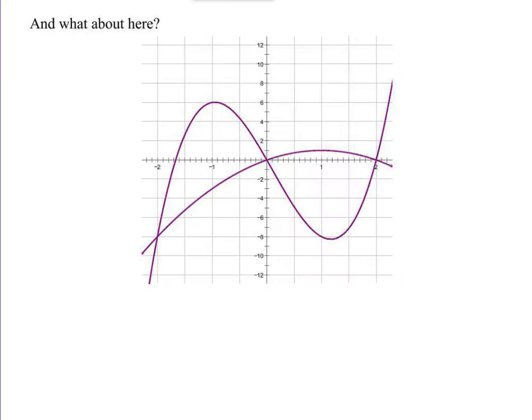And how about this one? Find all the intersections. So we have one here, and one here. How do I find those intersections? Again, set the equations equal to each other. And when you solve, you will wind up with 3 solutions.